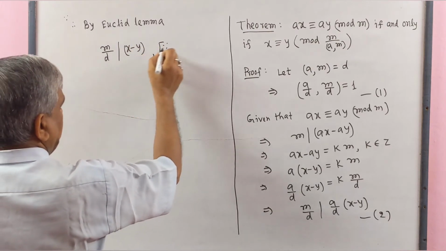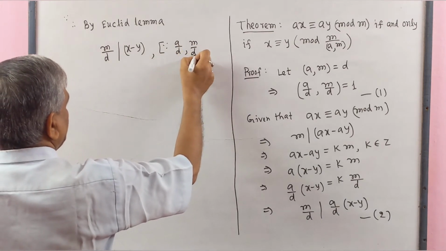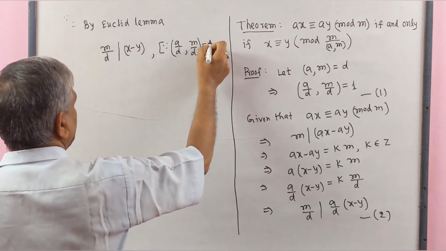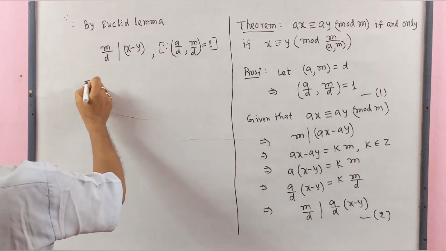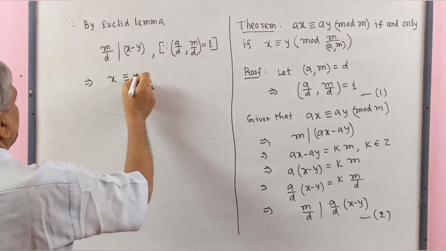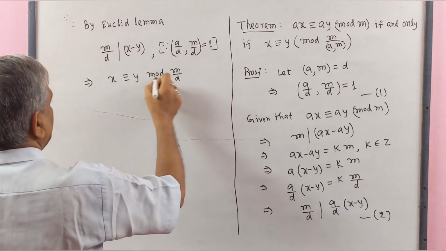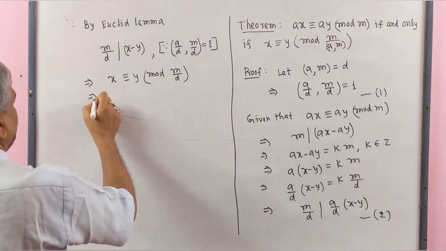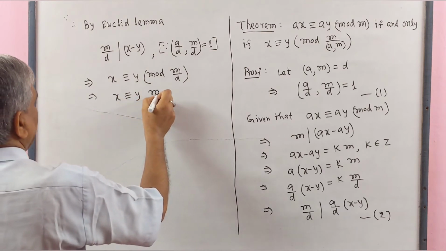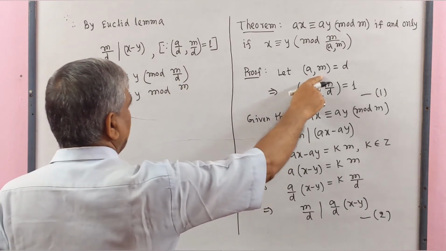Since GCD of a by d and m by d equal to 1, implies that x is congruent to y modulo m by d, where d is the GCD of a and m.